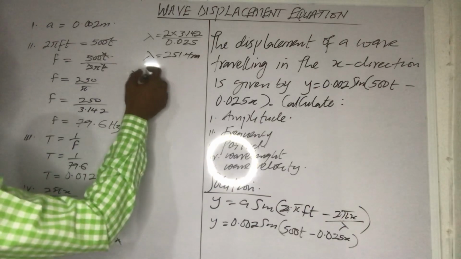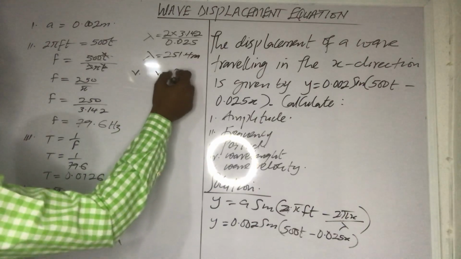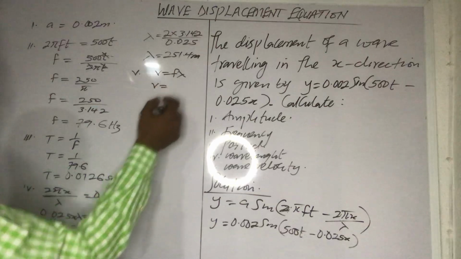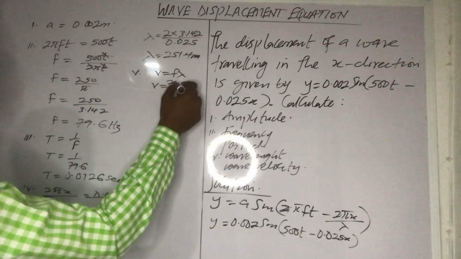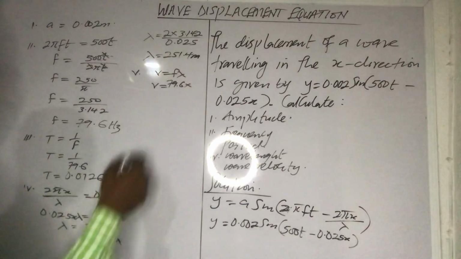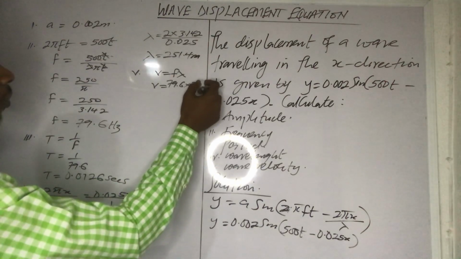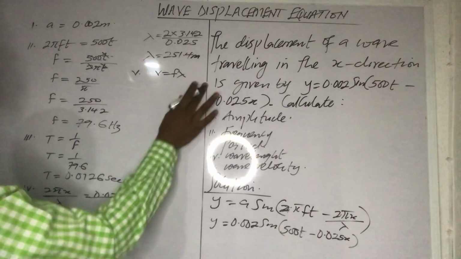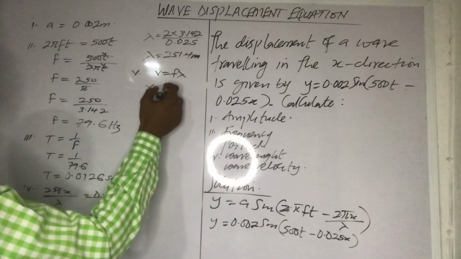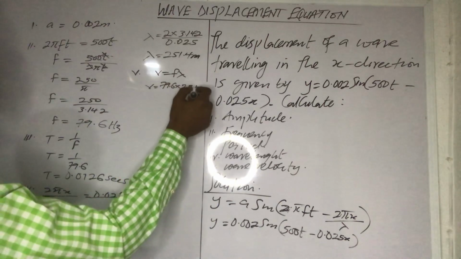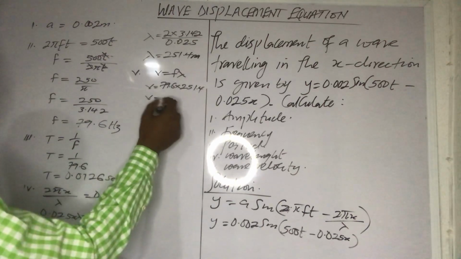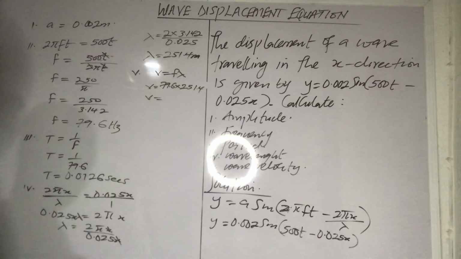Then the last one, number 5, wave velocity. You recall that wave velocity v is equal to f lambda. So my f is 79.6, my lambda is now 251.4. So you have v is equal to 79.6 times 251.4.